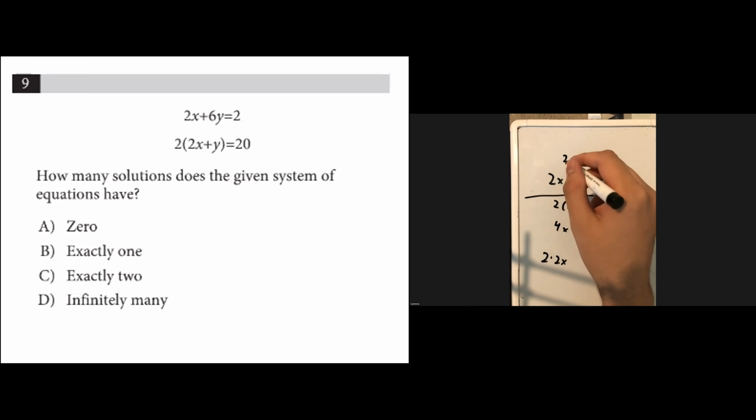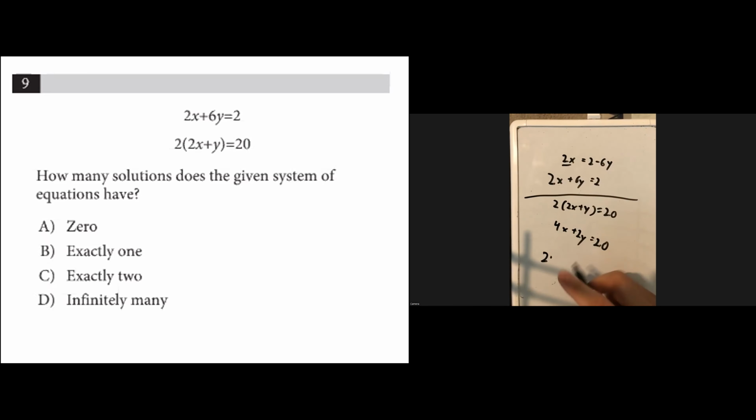So we can plug in the 2x from here, which gives 2 minus 6y plus 2y equals 20. It's just 4 minus 12y plus 2y equals 20, which is 4 minus 10y equals 20.